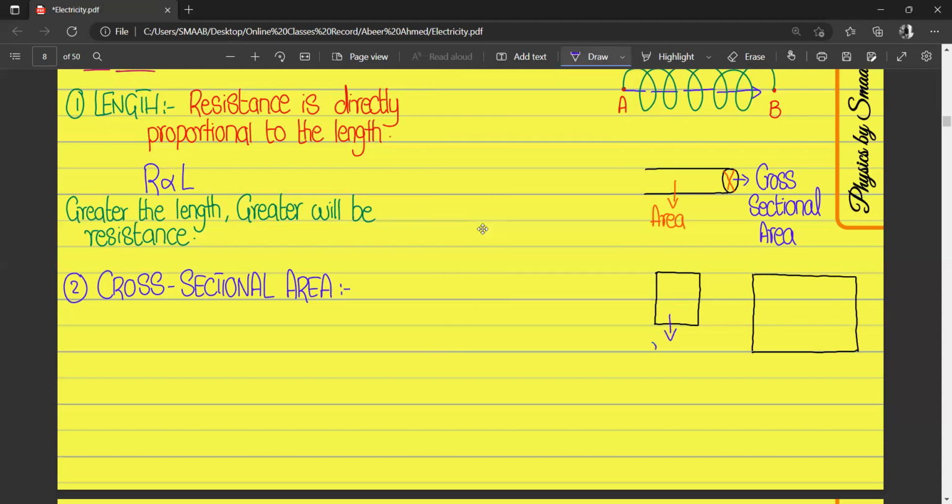This one is of the classroom, and this gate is of the main gate. So if many students try to pass through the classroom gate and the main gate, from which gate can multiple students easily pass through?